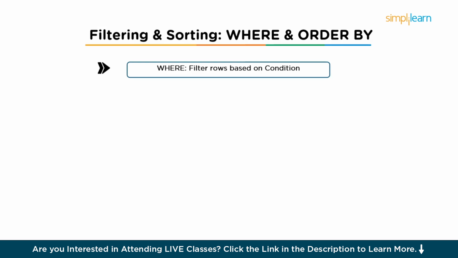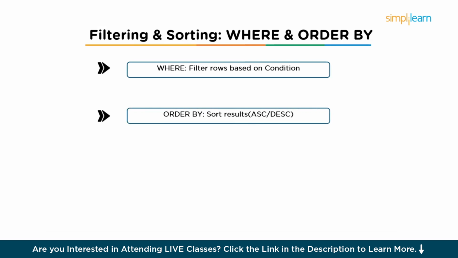After filtering your dataset, you will often want to organize your results in a meaningful way. The order by clause lets you sort your data based on one or more columns, either in ascending order, which is often the default, or descending order.